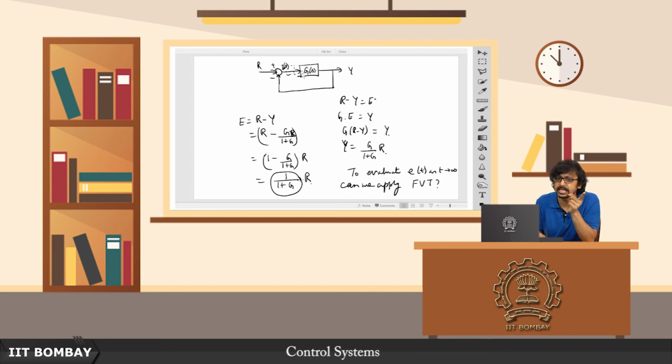On the other hand, if there is an integral mode here, what does the integration do? Even when this E is 0, remember this integration has actually remembered, it's a memory of all the errors that have been integrated over time.